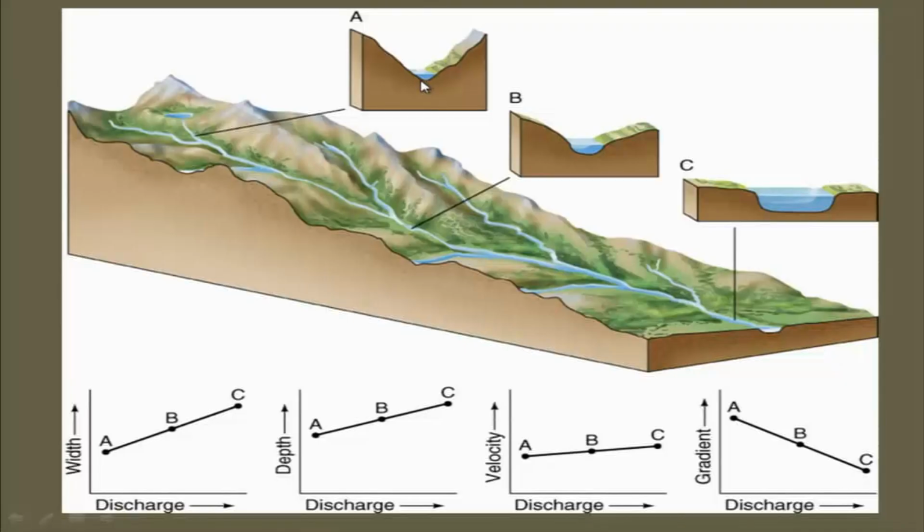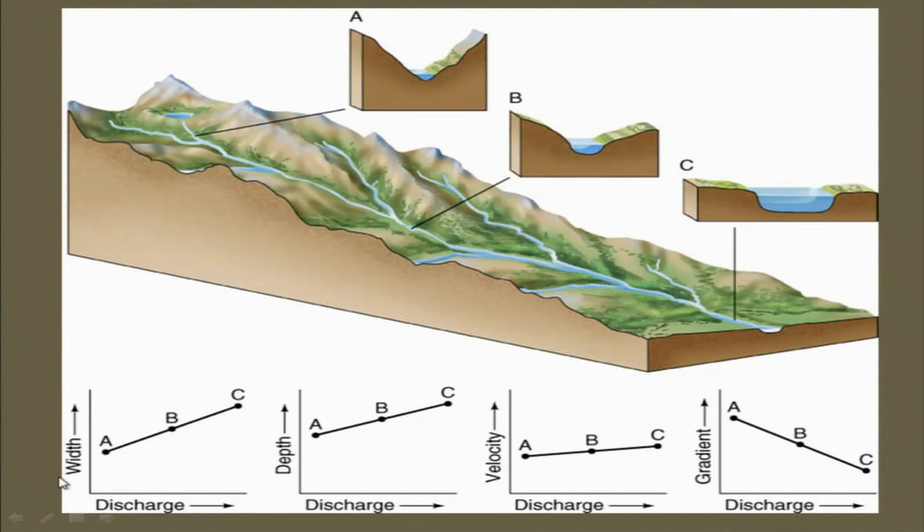Now if you come down to this figure, it shows that in the uplands you see narrow valleys, whereas in the central part, as you move towards the mouth, you have comparatively broader valleys, and then a much broader valley at the end.